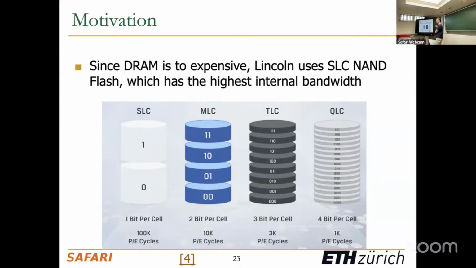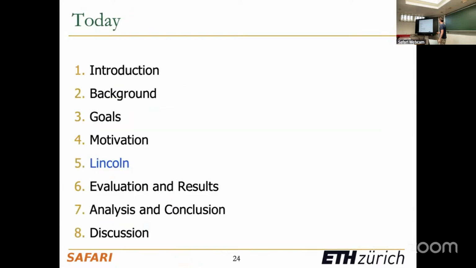It is also the most expensive, but it's a good trade-off. There is only 1 bit per cell, and it has the highest program erase cycles. We care about program erase cycles because when running an inference, we will go through the model many times, so we want high read P/E cycles.